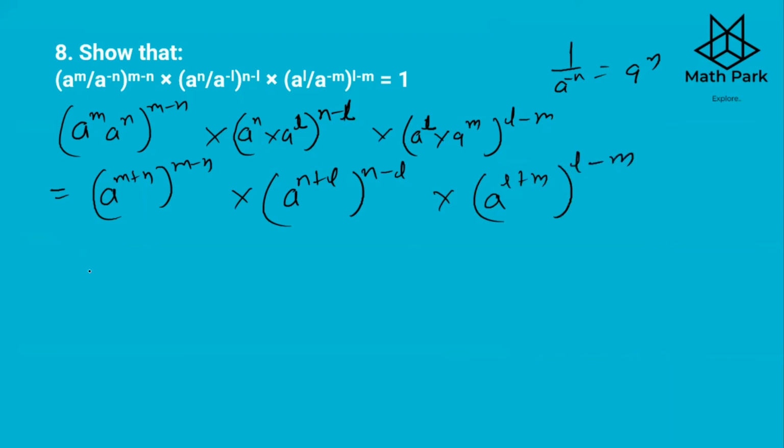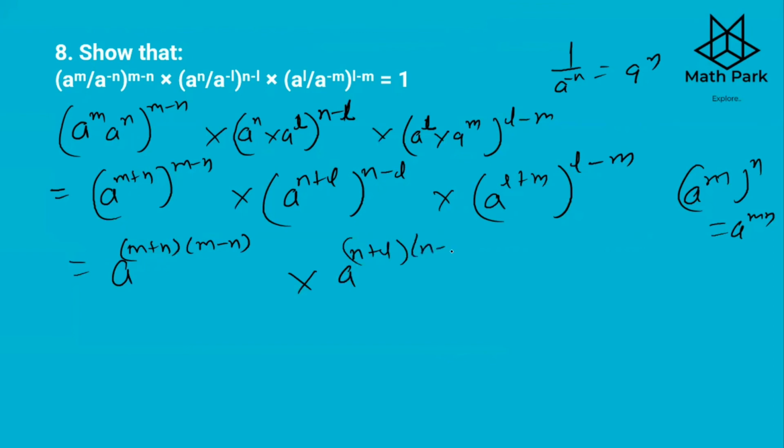Now, a raised to m raised to n is equal to a raised to mn. So, this becomes a raised to m plus n multiplied by m minus n. This becomes a raised to n plus l multiplied by n minus l. And this becomes a raised to l plus m multiplied by l minus m.